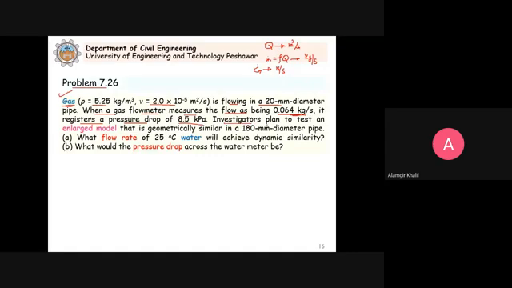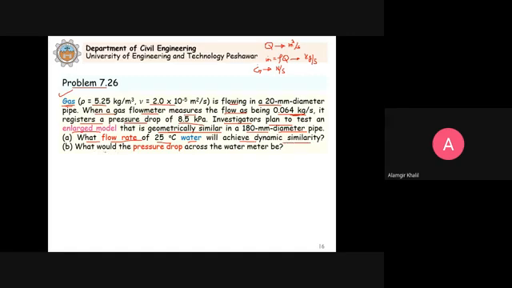Now investigators plan to test an enlarged model. You can see in this example that we are using a model that is bigger than the prototype, geometrically similar, in a 180 millimeter diameter pipe. The first part of the question is what flow rate of 25 C water will achieve dynamic similarity.